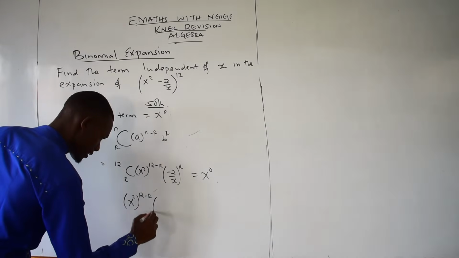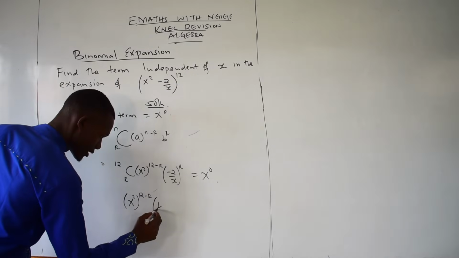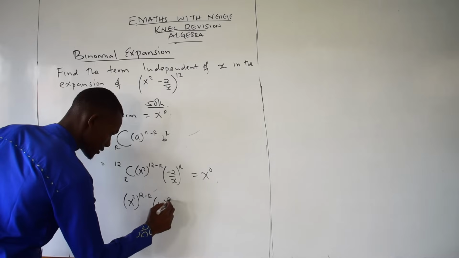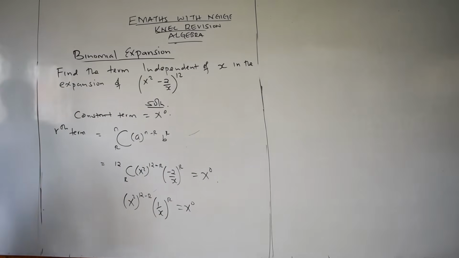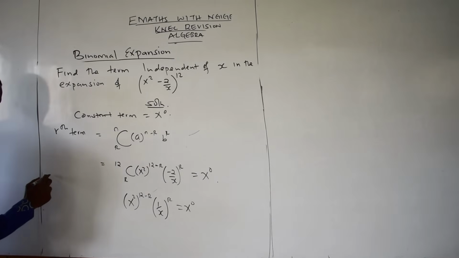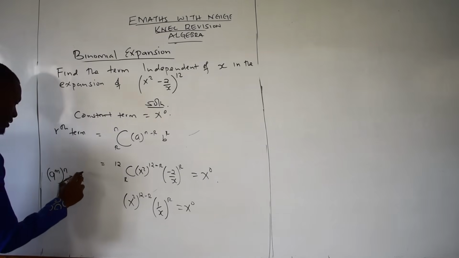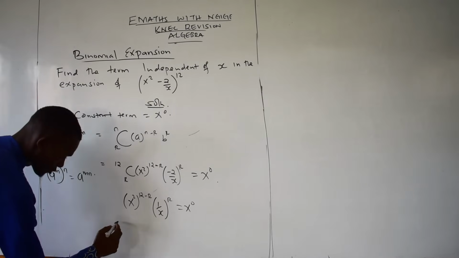Then in our case here, neglecting the negative 2, which is a constant, we just have 1 over x, raised to power r. Now we know by the laws of indices, when you have a to power m, then to power n, this is the same as a to power mn. We know that from indices.